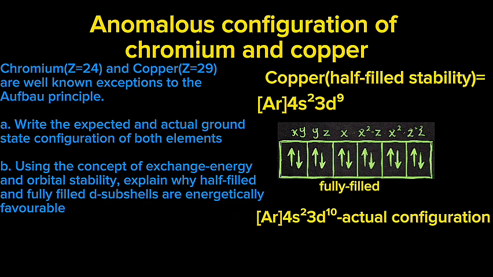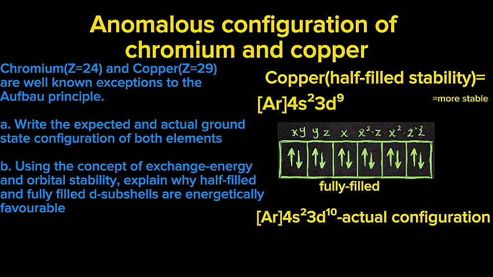The exchange energy is less when they are between unpaired electrons than paired electrons, so it takes less energy for them to exchange between each other, and this results in a total sum of the energy that becomes less than the expected value. So what we expected, the total energy is greater, but the actual value, the total energy is less. And remember that stability is the goal of every element.